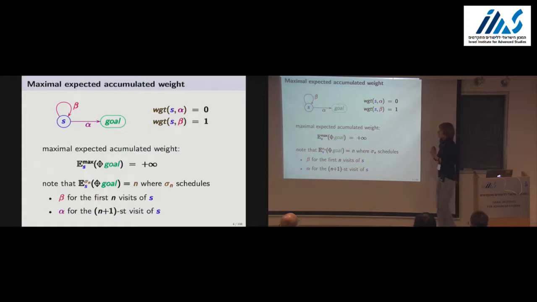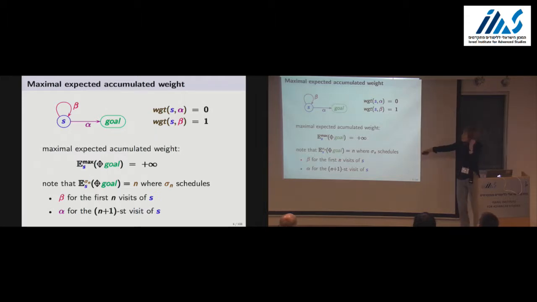Now, if you look for the maximal accumulated weight, then it is indeed infinite, because there is a sequence of schedulers where the expected accumulated weight tends to infinity. And here we go. So consider sigma n to be the scheduler which schedules action beta, so this self loop here at state S, for the first n visits of state S, and for the n plus first visit of S, we go from S to goal via action alpha.